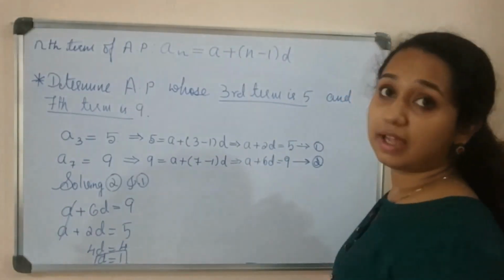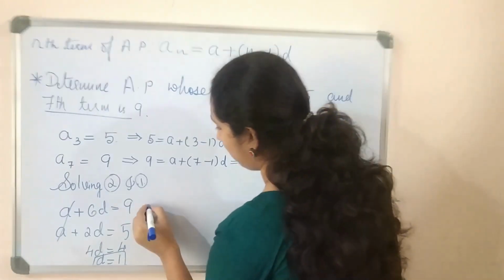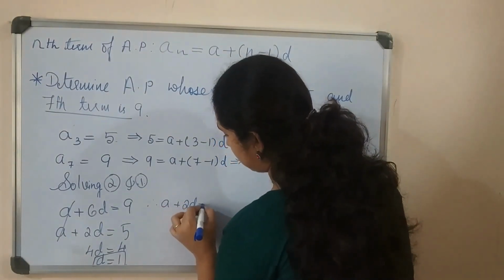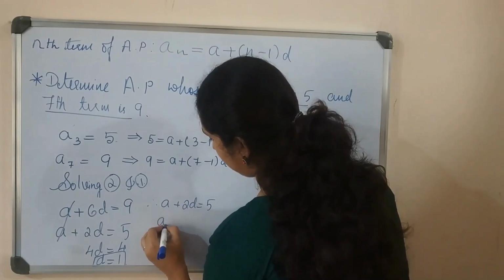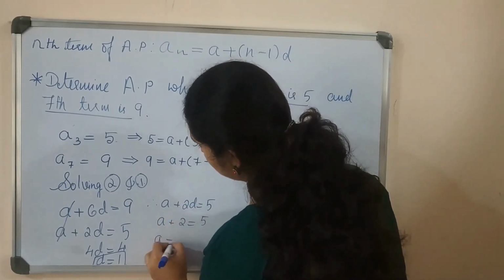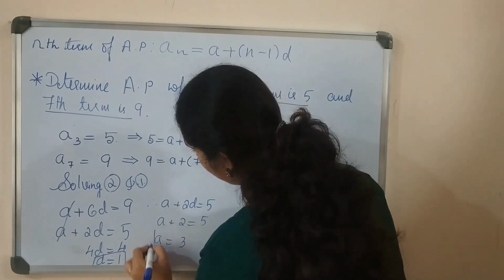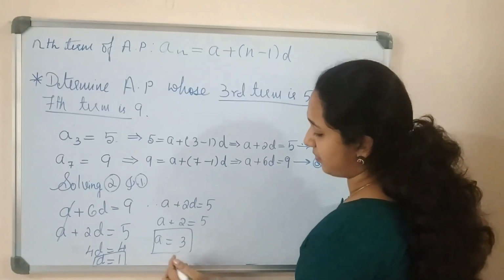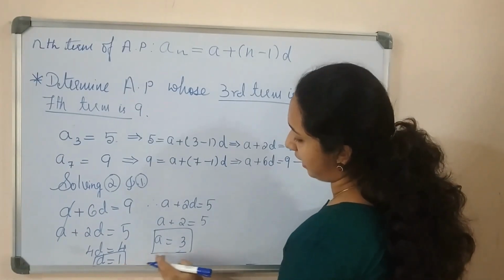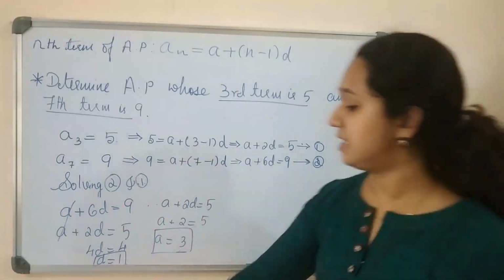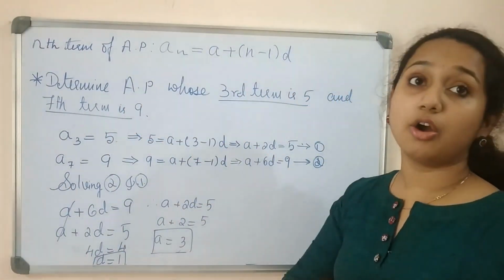Now I have to find the value of A. Therefore, A plus 2D is equal to 5, so A plus 2 is equal to 5. A is equal to 3, because this term goes to the other side. Now I have found A and D. Once I find A and D, I can easily write the arithmetic progression.